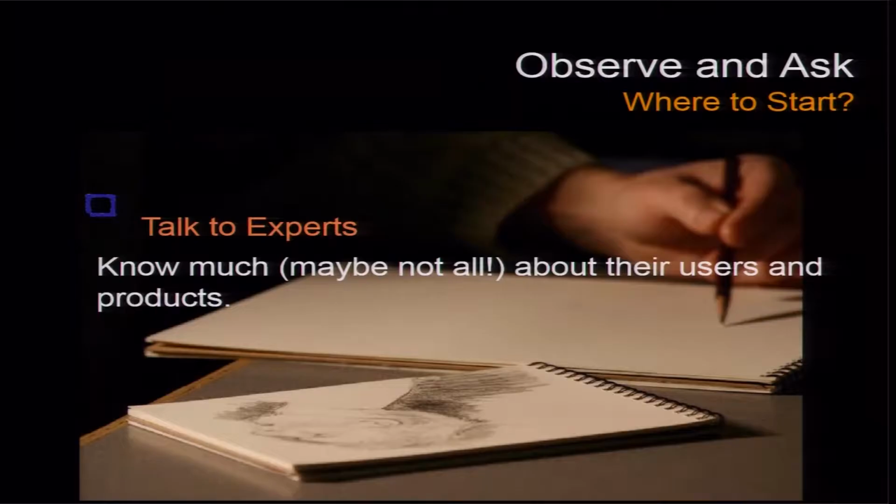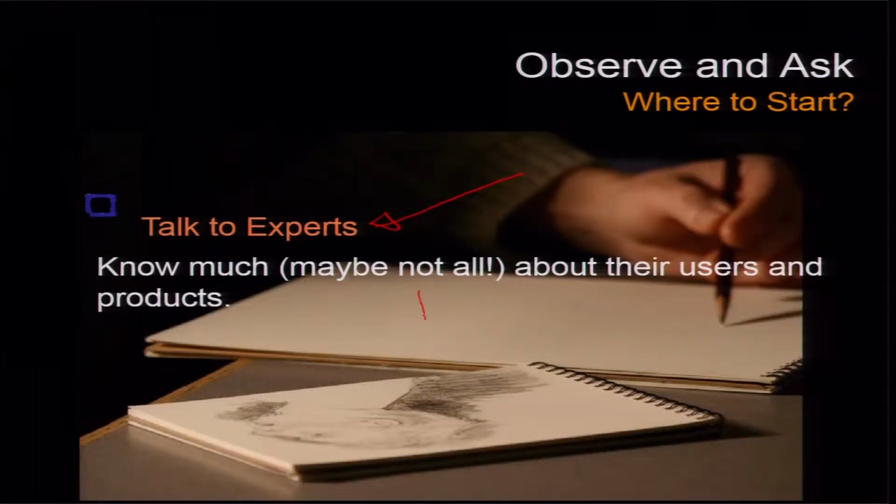The other very important part here is to talk to experts. Experts do know much, maybe sometimes not at all, because they are not an expert but are claiming to be one. Experts do know about their users and products.